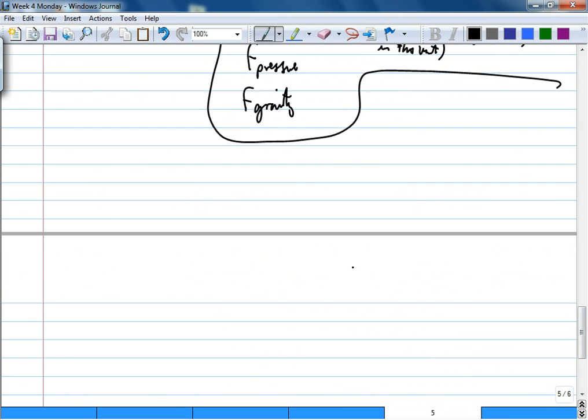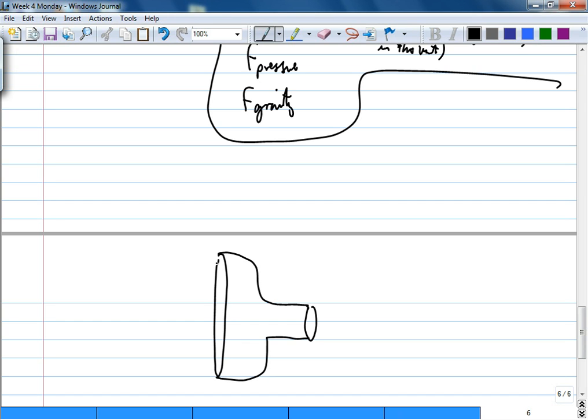We have, let's say, one converging pipe like this. Here the area is equal to 1 meter square. Here this area, maybe 0.3 meters square.